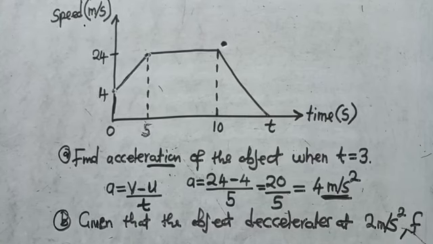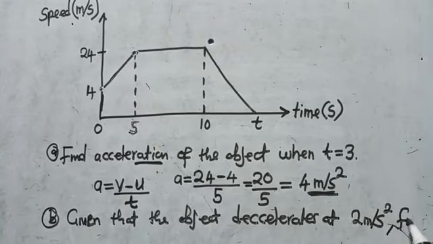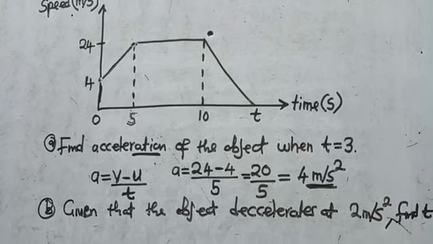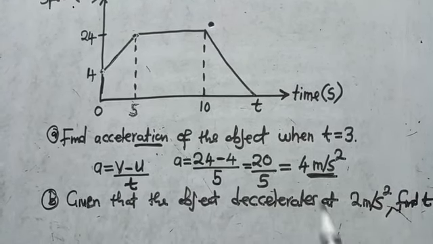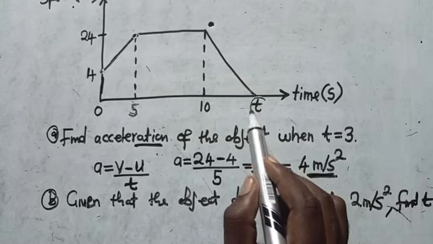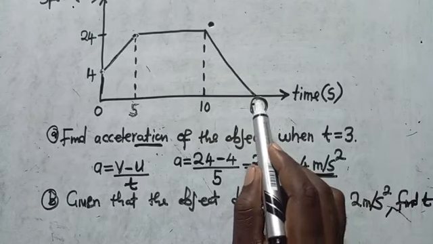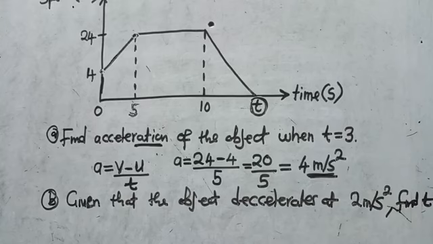We are now told to find the value for t. How then can we calculate the value for t? How can we find t? T is here. This is where we have t.